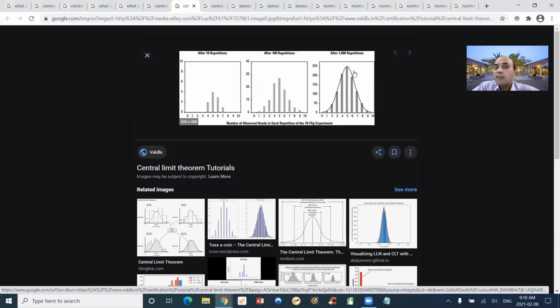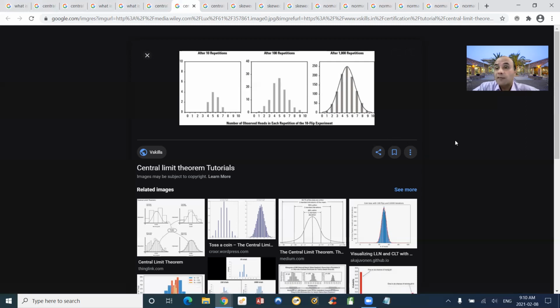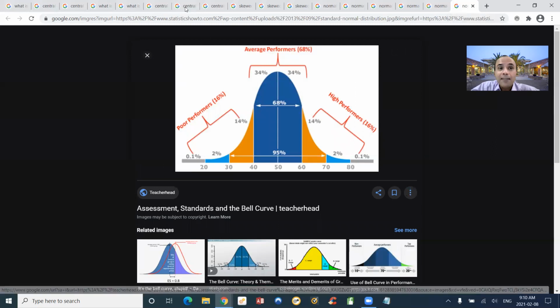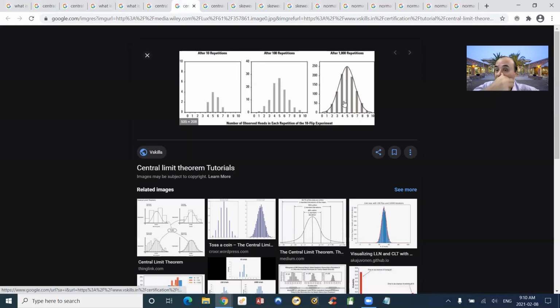And if I do this 1,000 times, what happens? 10,000 times, it's going to look like a normal function itself. This normal function is not necessarily the original normal function. This normal function is generated by calculating the mean of a fixed 7 samples.